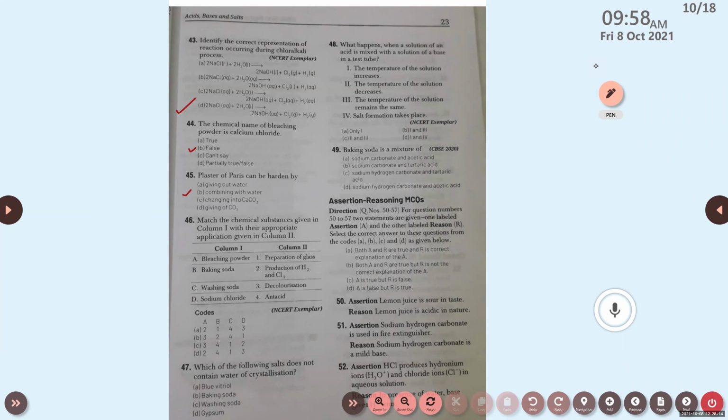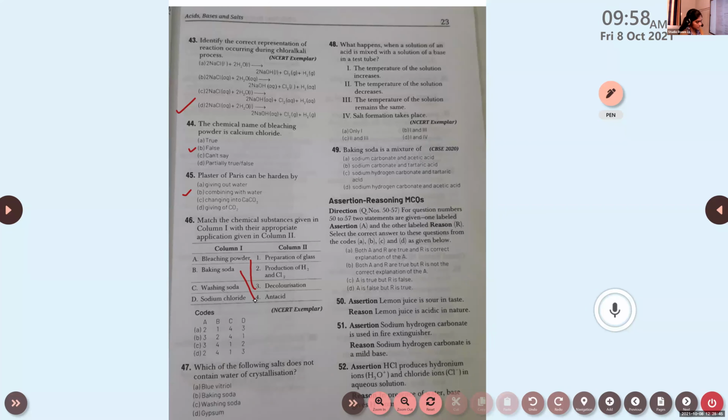Yes, bleaching powder, decolorization, to remove the color. It will convert all the colored clothes to colorless, white colored. Then baking soda, which one? Antacid. Yeah, baking soda is used as antacid. Then next one is washing soda. Preparation of glass.